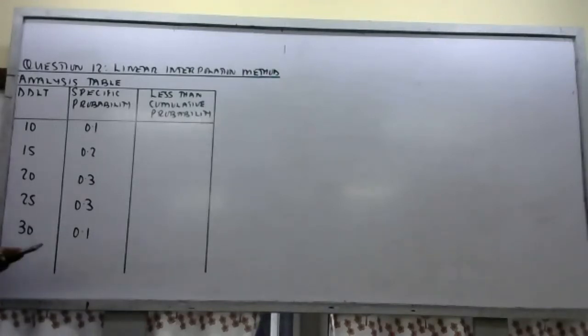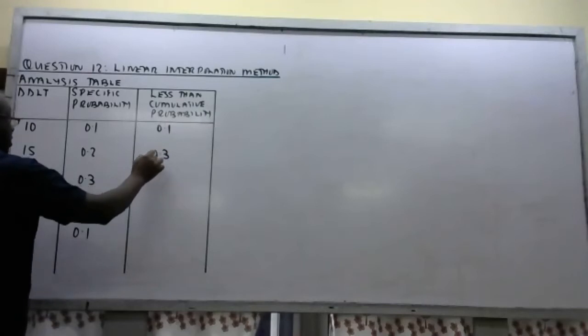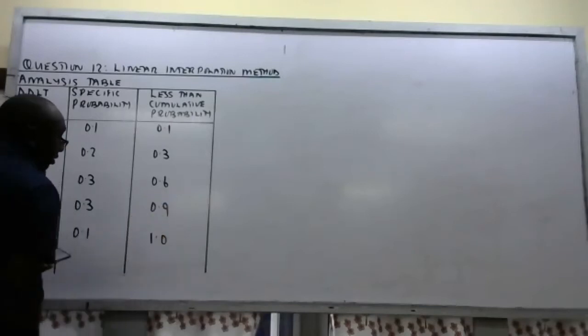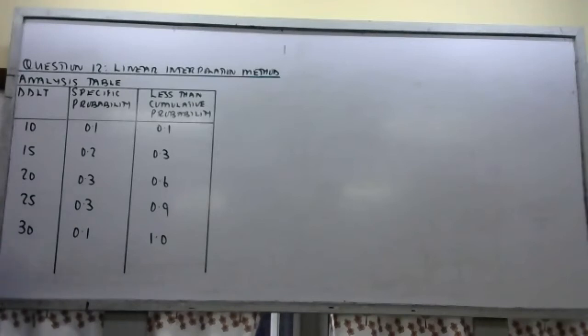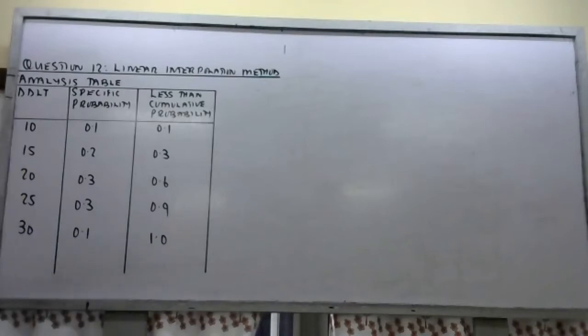Now, the less than cumulative probabilities are well known: you start here, you add this one, you add 3 so that you get 6, you add to get 9, and you add to get the rest.